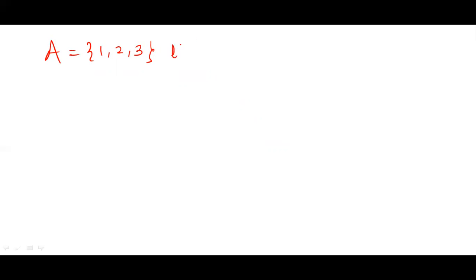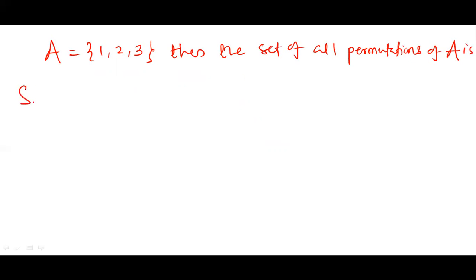Then we have seen that the set of all permutations of A is denoted by the symbol S3, and it contains 6 permutations, which are rho 1 is equal to a permutation in which all elements mapped to themselves.